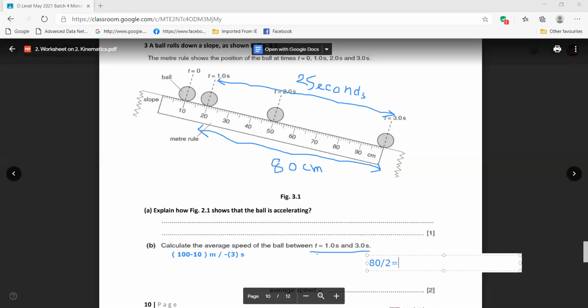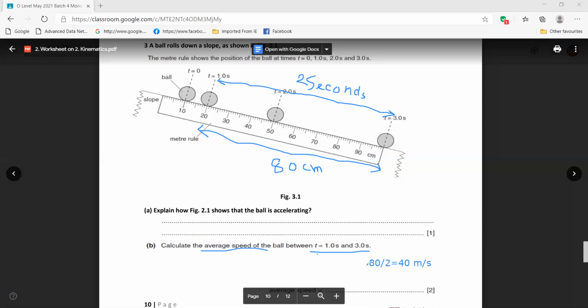No, sir, I'm doing the calculation. Look, 40. No, no, they are asking you to find the average speed. 26.67 divided by 3, isn't it, sir?